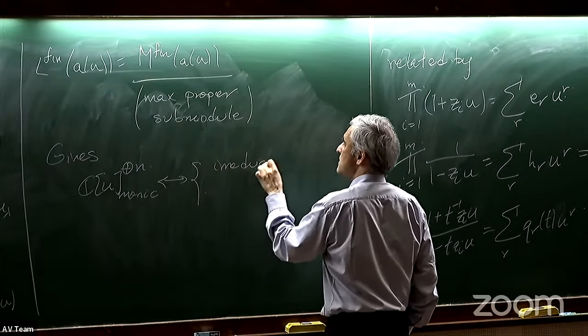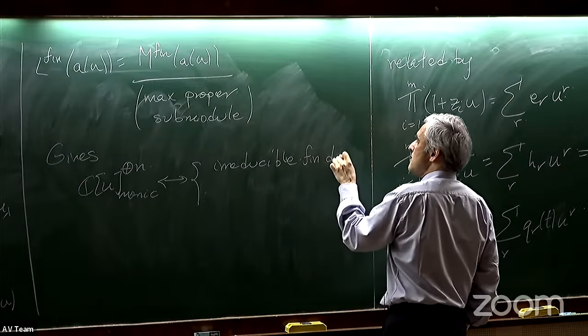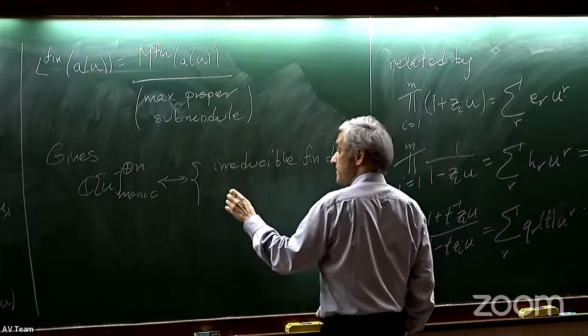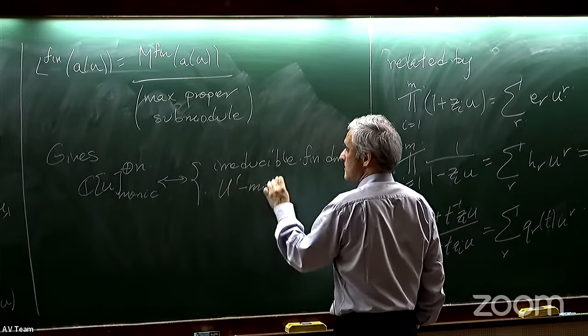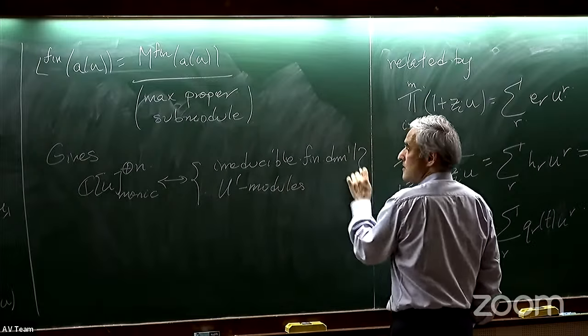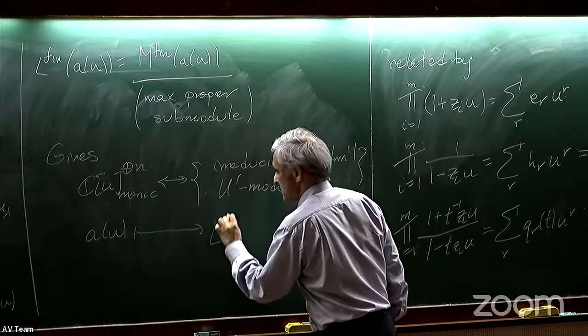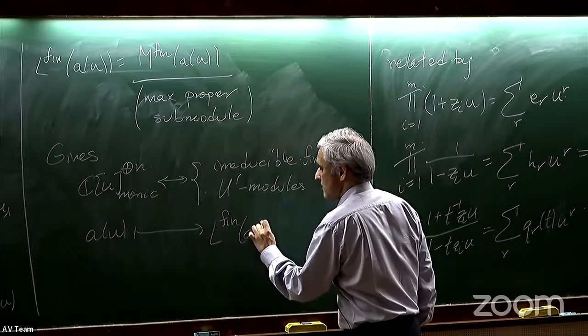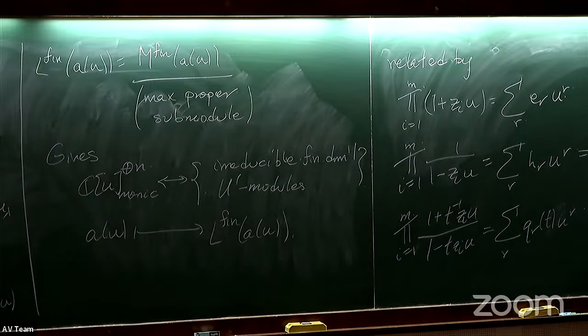Irreducible finite dimensional U prime modules, where the Drinfeld polynomial gets mapped to this, and so this is how it goes.